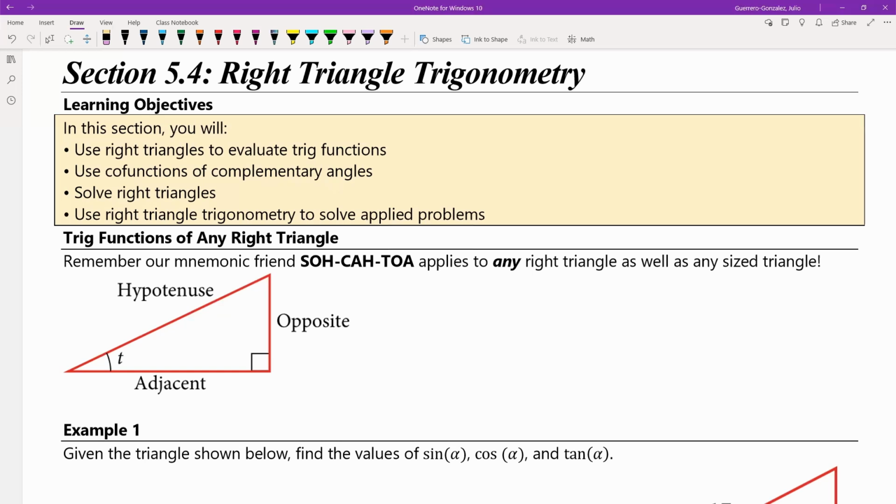First of all, let me do a little bit of a review about sine, cosine, and tangent. We're going to go back to our triangle here. If you remember what SOHCAHTOA stood for: if we have an angle T, then sine of my angle T is opposite over hypotenuse.